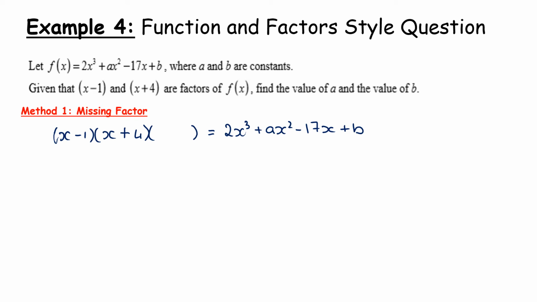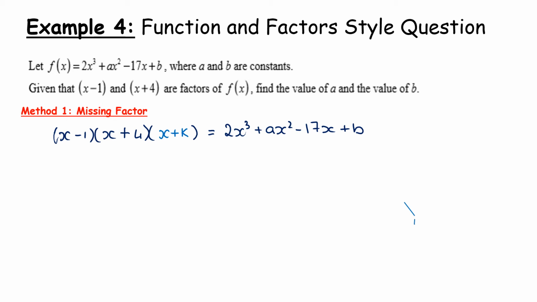However, if I just stick in here x plus k, something is not right. Hopefully alarm bells will ring. If you look at my three brackets, I multiply an x by an x by an x, and I get x cubed, not 2x cubed. So no, it's not enough to just put x plus k.